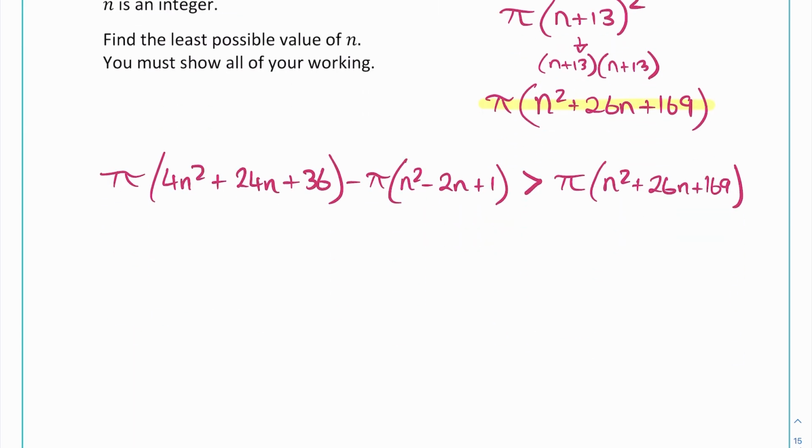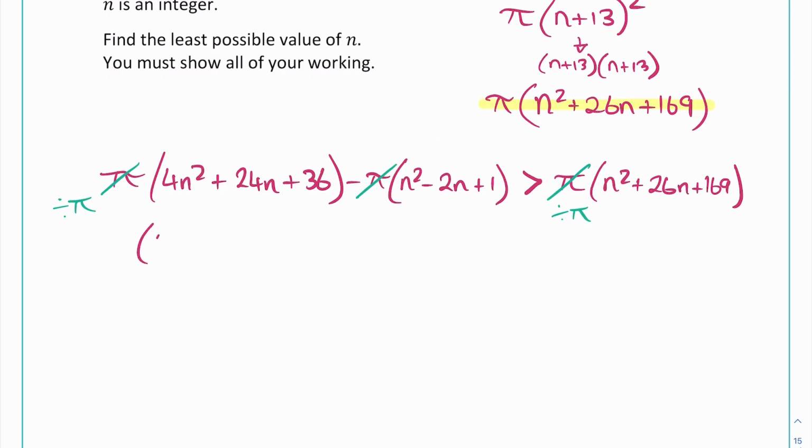Now, because we now have a quadratic inequality to solve, we can actually divide both sides of this by pi. I can divide this side by pi, and I can divide this side by pi. Essentially, that's just going to cancel all these pi's and make it a little bit easier to approach.